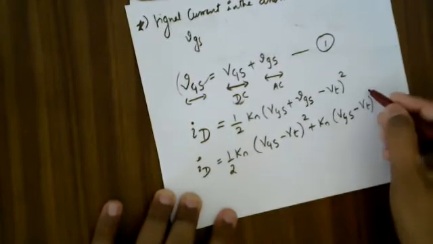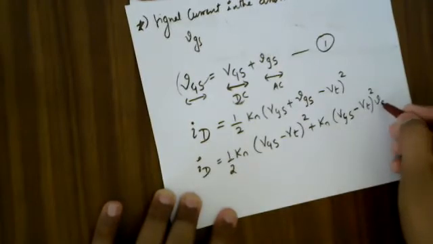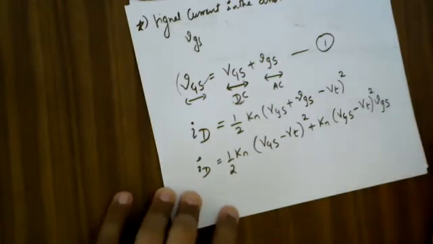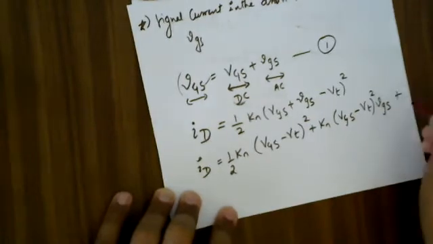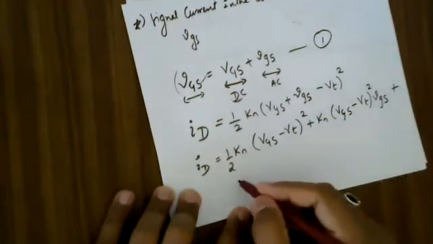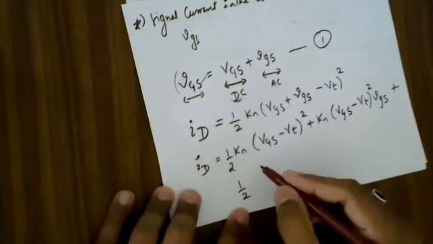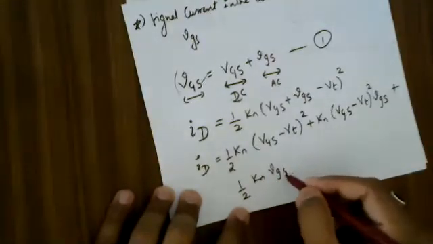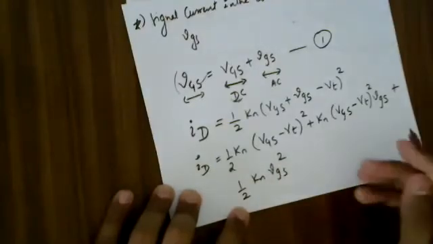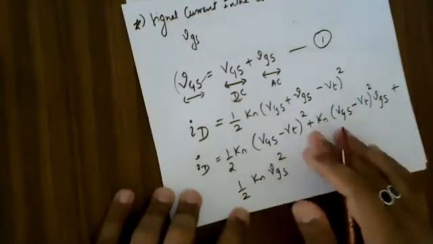This is the AC term. Plus 1 by 2 times Kn into vgs square.